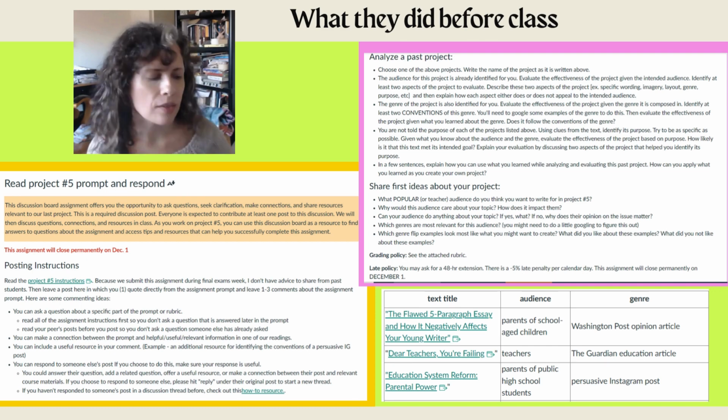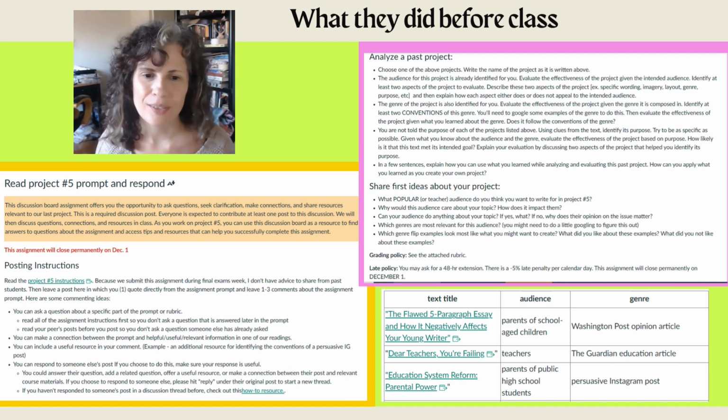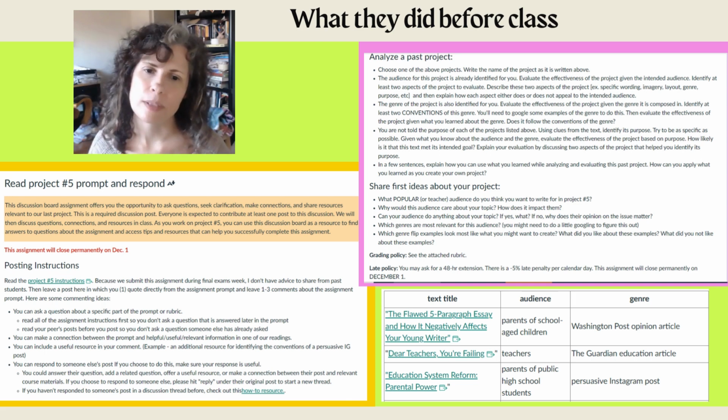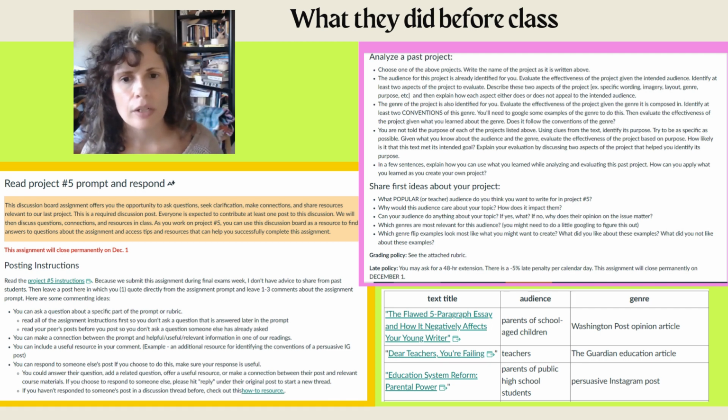And that's the last part: you're not told the purpose of the project, right? So they get the audience, they get the genre, I tell them those parts, and they look for clues. Then they have to look for clues and figure out what they think the purpose was, just based on what they see in that text. So they go through and they analyze one of the past projects from a past student, and then they share their own ideas.